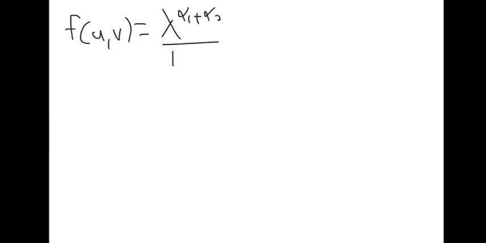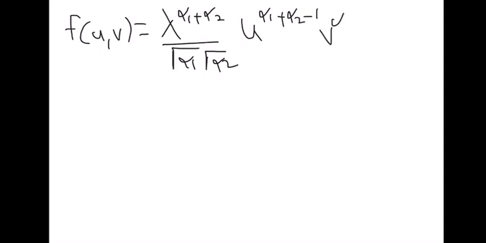I'm going to write f of uv is equal to lambda to the power alpha 1 plus alpha 2 divided by gamma alpha 1 gamma alpha 2, u raised to power alpha 1 plus alpha 2 minus 1, then v raised to power alpha 1 minus 1, and 1 minus v raised to power alpha 2 minus 1.